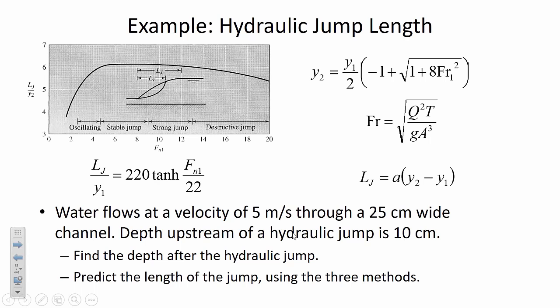And so with that, you can calculate the Froude number, and this water velocity, that's upstream of the jump. The water flows at a velocity and the width of the channel, so all of those flow characteristics are at location 1. So practice calculating the depth after the jump, so use the Belanger momentum equation for that, and then predict the length of the jump using all three methods, the nomograph, the ENGR method, and another method.